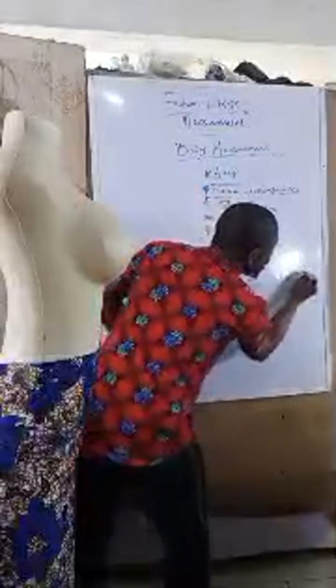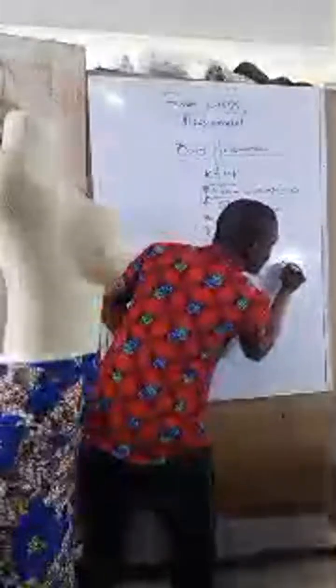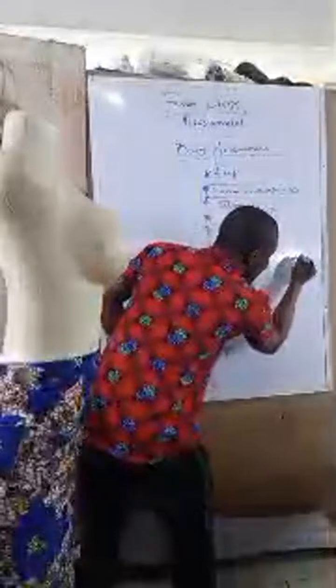Look at the distance from the waist to here. This is where we call the crotch length. No matter how funny it is, I just want to make sure my students understand it.